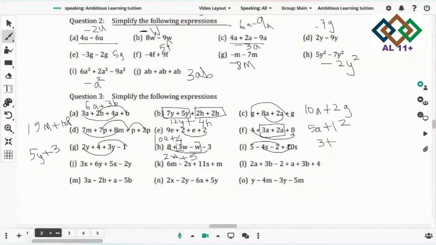And then you have 10 minus 4, we are minusing, 10 minus 4 is 6. But we take the sign of 10. That would be plus. So your answer is 3 plus 6S.